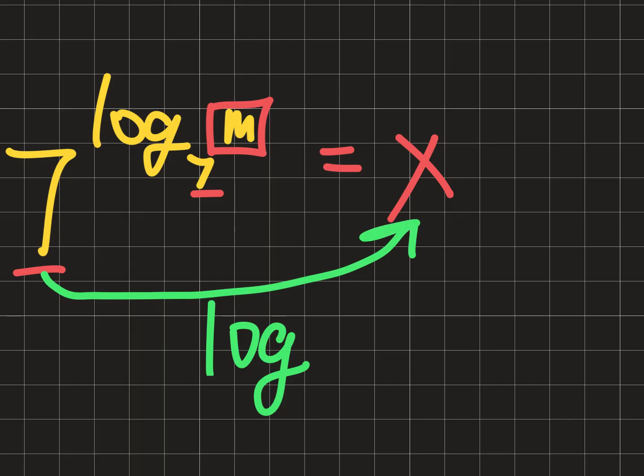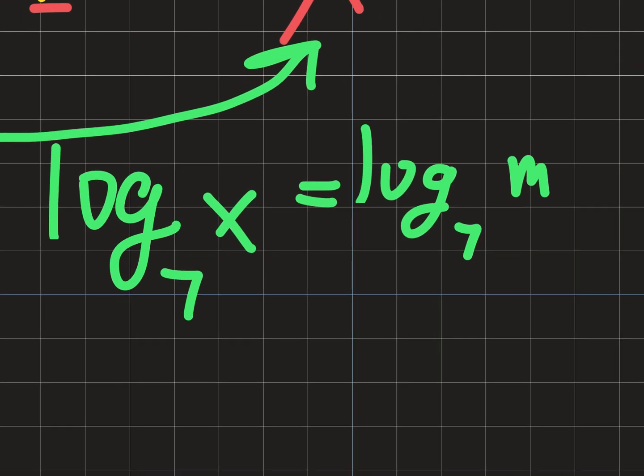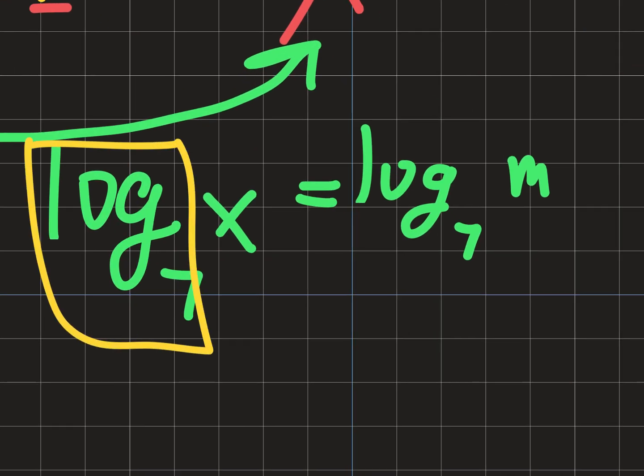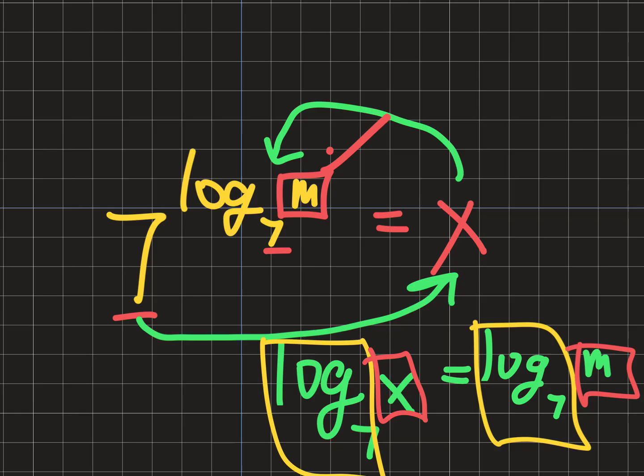Then you go to the circle of logs of x, and then you continue the circle of logs, equals log base 7 of m. And I believe that we've talked about this. If that and that are equal, then this must equal that. So that's how you can prove that the answer is the m. The answer is whatever is right there.